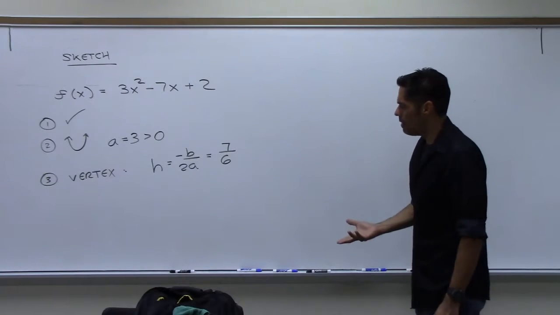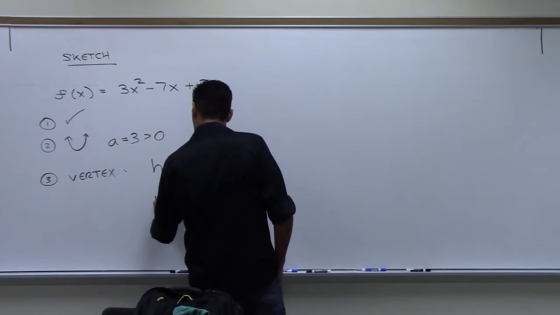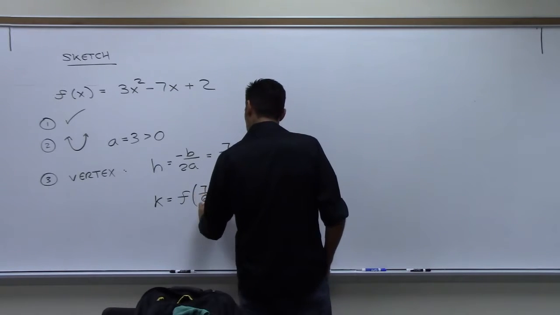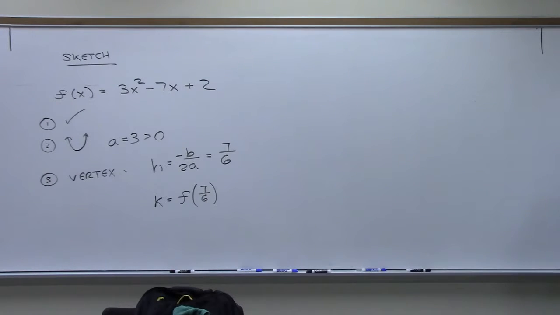And then what do you do with that to get k? You plug that number into the quadratic, right? So this is where things get a little rough for people.